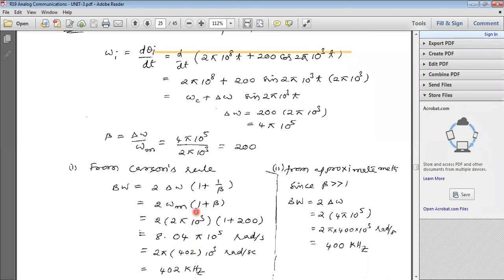If you convert into the form of omega m, it is 2 omega m into 1 plus beta. Beta is delta omega by omega m.